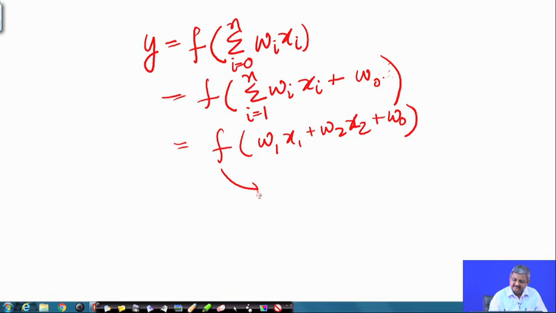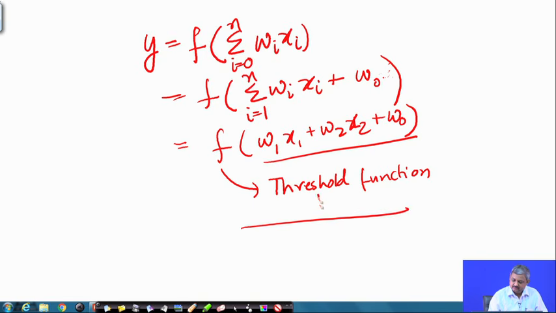So, this f is a threshold function. How does it look like? If this quantity is negative, it is minus 1, positive plus 1, this quantity.